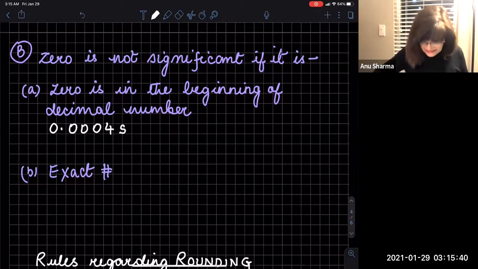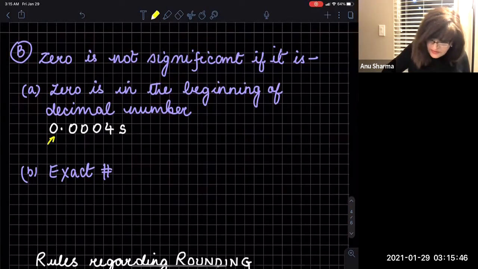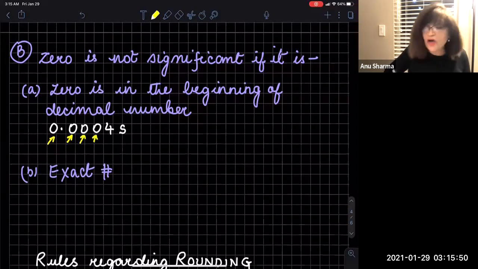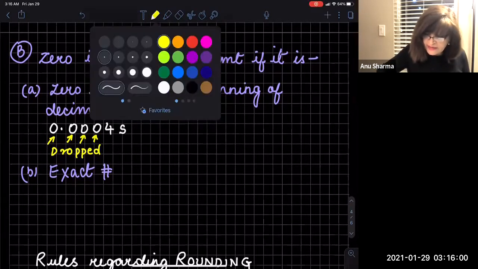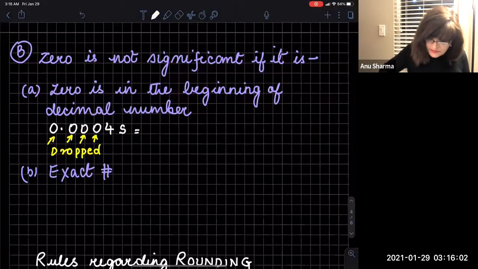Okay, so in this case, how many significant figures? So these zeros are dropped. This zero, and this zero are not significant. So these are dropped. So the only figure that is important is 4, and that is one significant figure.